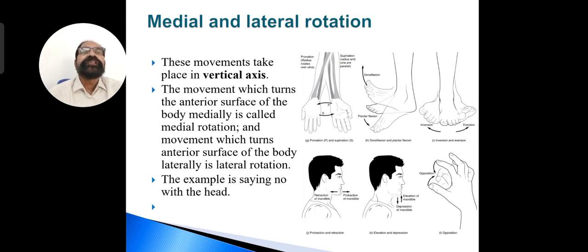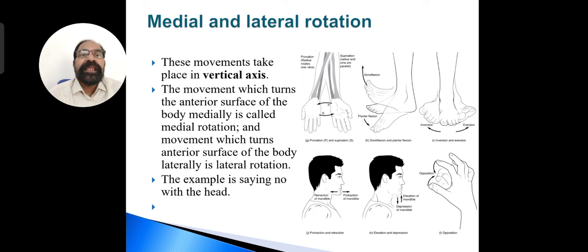Then we have medial rotation and lateral rotation. These movements take place in the vertical axis. The movement which turns the anterior surface of the body or upper limb medially is called medial rotation. And the movement which turns the anterior surface of the body or our upper limb laterally is called lateral rotation.